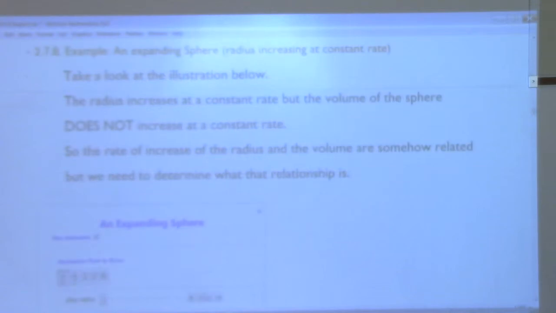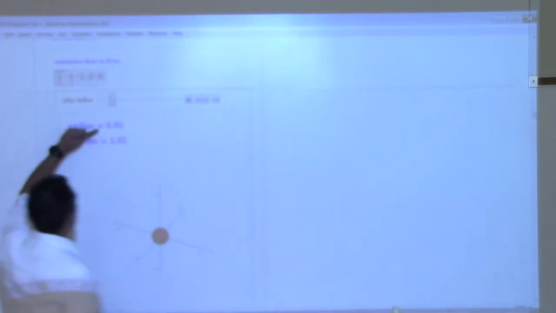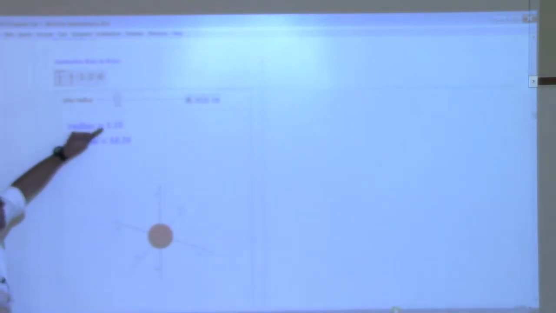All right, so now let's go into 3 dimensions. Let's look at something other than a circle. So how about a sphere? We have a sphere. It's expanding at a constant, the radius is increasing at a constant rate. This number is going up at a constant rate.